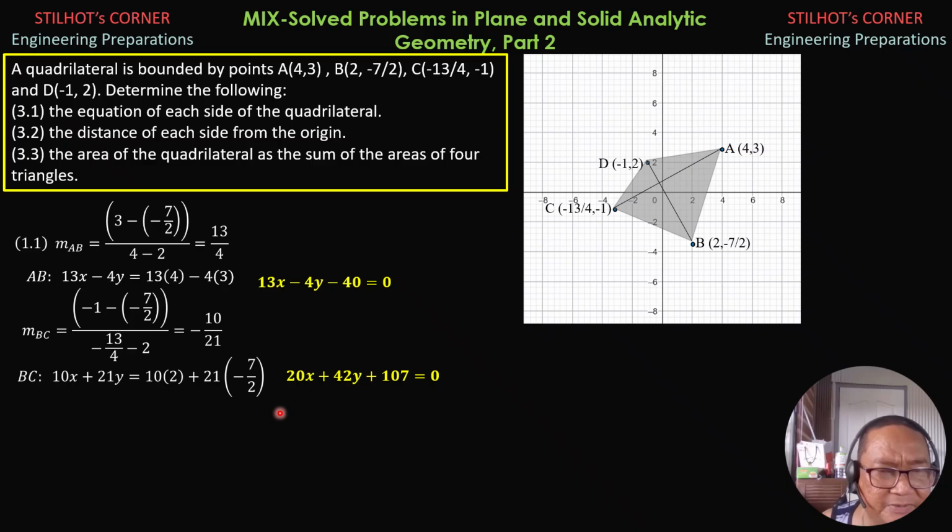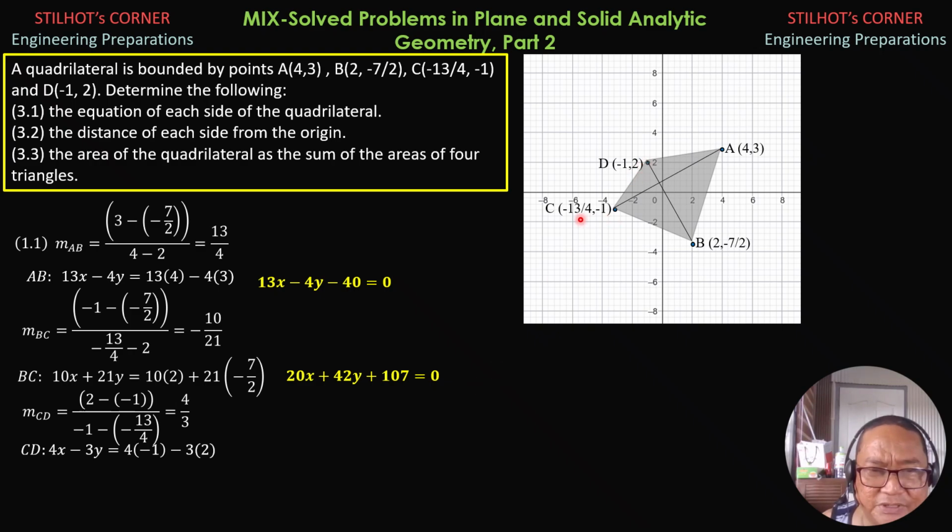Then next we have CD. The slope is the quantity 2 minus negative 1 all over the quantity negative 1 minus negative 13/4, and that's 4/3. So for the equation, I select (-1, 2) as the point. So 4x minus 3y equals 4 times negative 1 minus 3 times 2. You can use this point instead. So 4x minus 3y plus 10 equals 0.